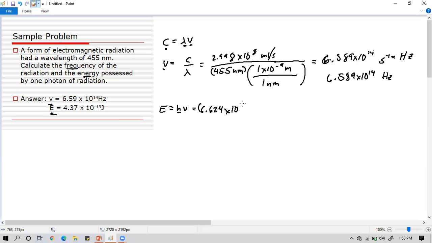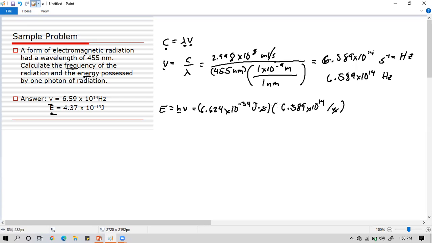6.624 times 10 raised to negative 34 joule-seconds times the frequency, so we substitute 6.589 times 10 raised to 14 per second, or s negative 1, or hertz.